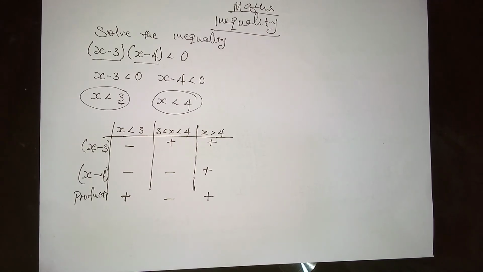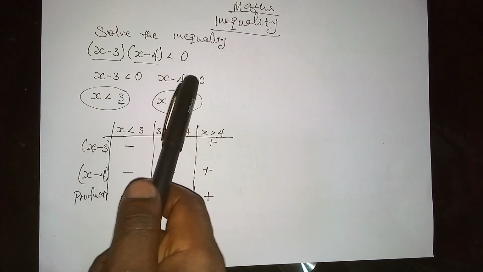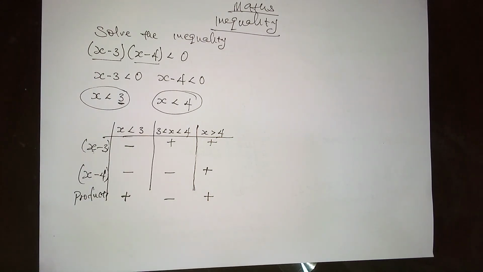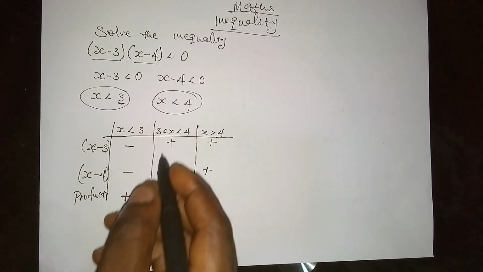But in this case, we are looking for a negative, the range that will give us a negative value that will satisfy this inequality, because everything we have here is less than 0. So our range should be less than 0.